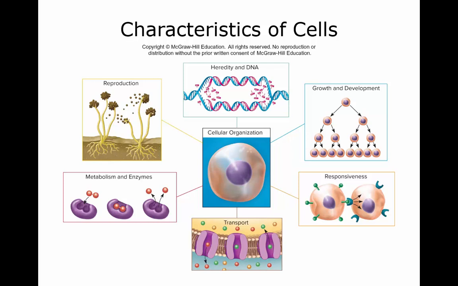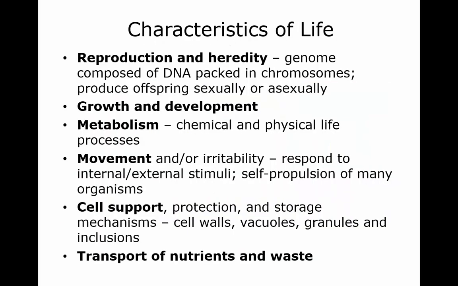And of course also they have to reproduce in order to make new cells or new individuals. Another thing is cell support. They have to be protected and have storage particles or storage mechanisms in them. So they're going to have vacuoles and granules and inclusions, and then for support they're going to have that cell wall.